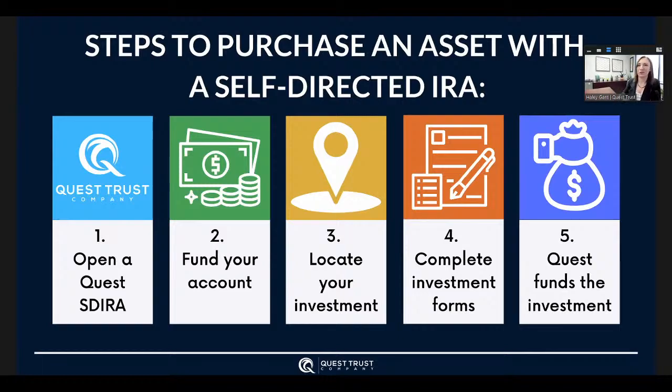You can't transfer your promissory note that you hold at Quest over to Fidelity, because the types of assets that we hold aren't really compatible with each other. But say you have $50,000 sitting idle in your Fidelity account, not really doing anything, you could transfer that part of your IRA over to Quest and self-direct it into these different types of investments.